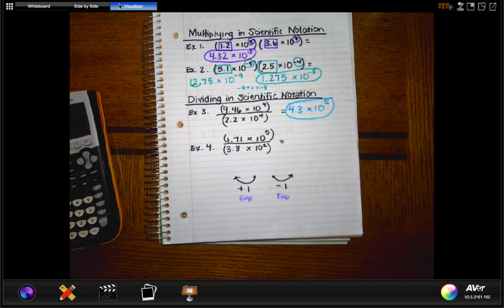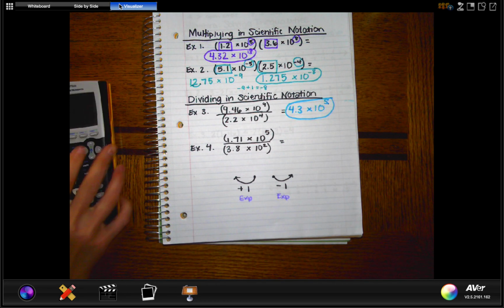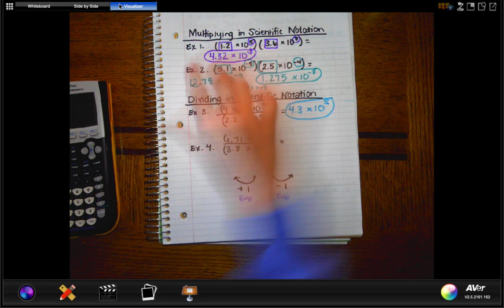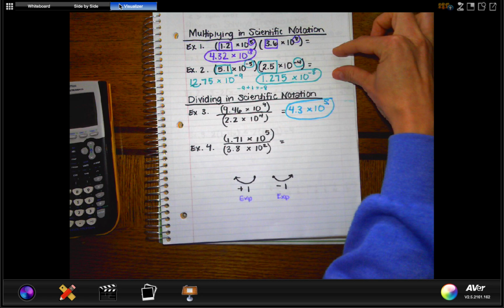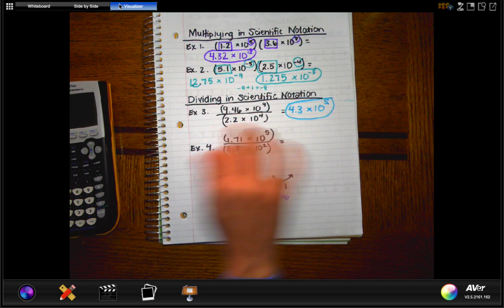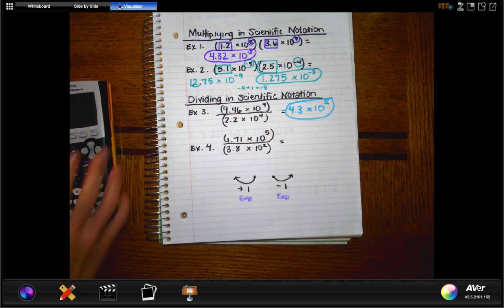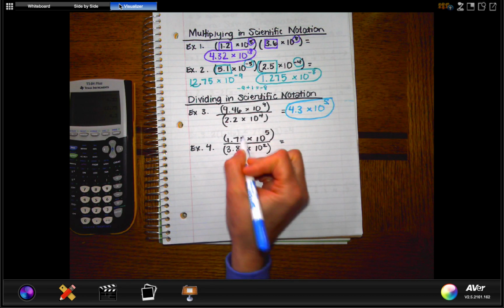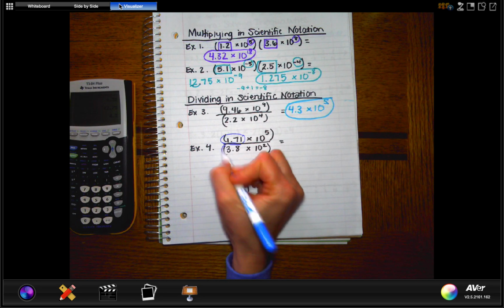Okay, last but not least, we're going to divide again. Just a reminder that division a lot of times is going to be written as a fraction. So up here with the multiply, it's written out the long way. When we're dividing, we write them as fractions. So we're going to start again. We're going to divide our base numbers. We're going to divide 1.71 divided by 3.8.